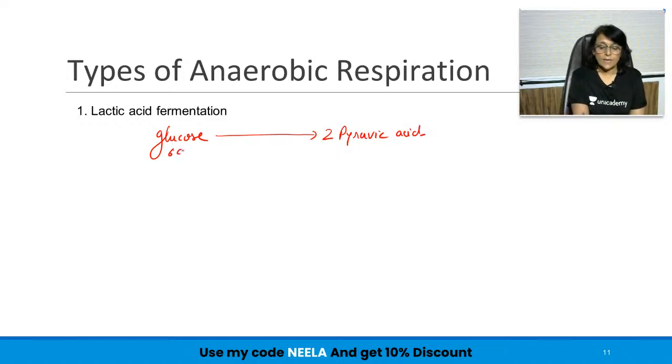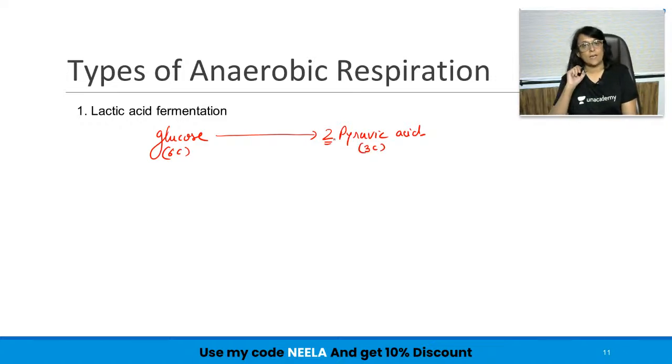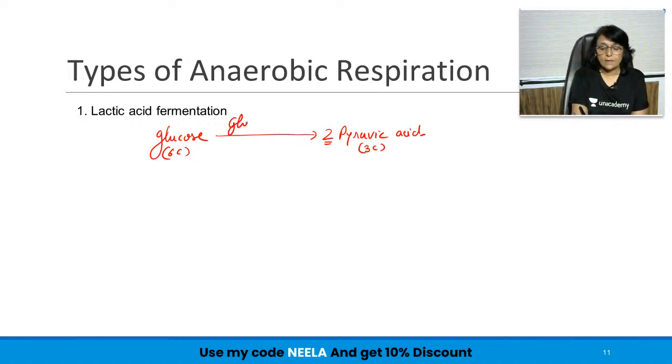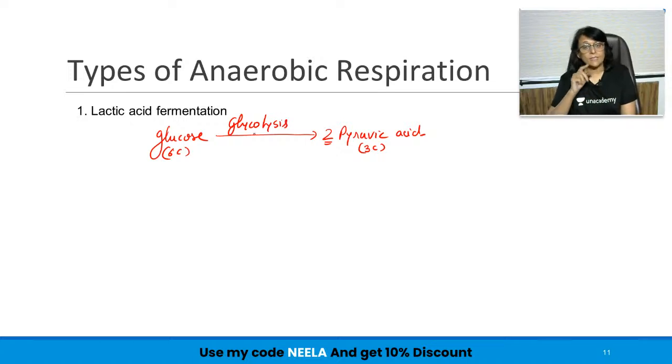Glucose is a 6-carbon compound and pyruvic acid is a 3-carbon compound. So there are two molecules of pyruvic acid formed. This process is known as glycolysis. That means glycolysis is a step which is common for aerobic as well as anaerobic respiration.